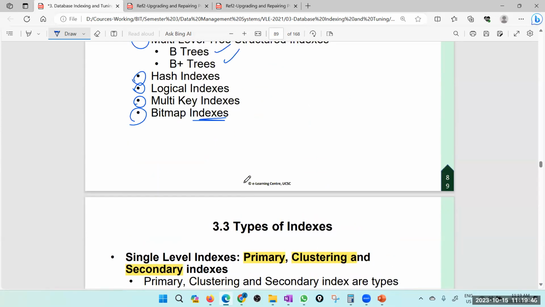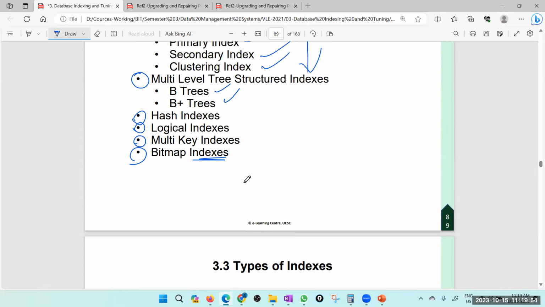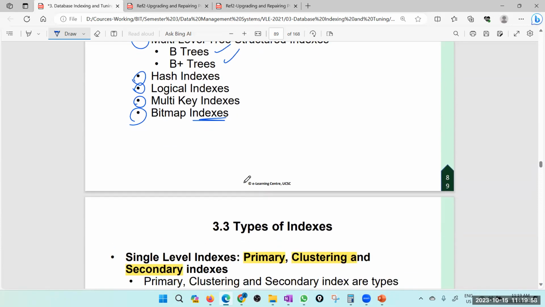Single level means it's one file. You don't have to go to one index file and then another index file to get to the data. That is multiple level indexes. Here we just go to one index file, and then from the index file we go to the data file. Okay, single level.